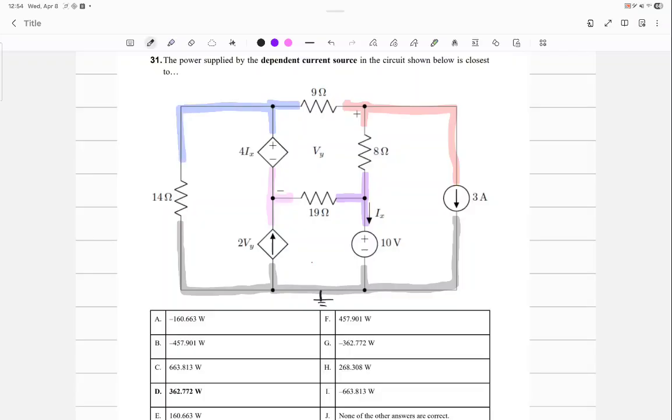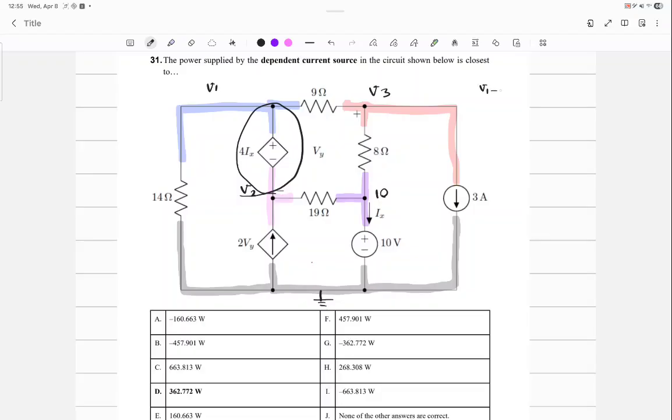So I'm assuming this is 0, this is 10, and let's call this one V1, V2, and V3, right? So where should I write KCL at? Can I write at V1? No. Why not? Because it's a supernode, right? So you should write at V1 and V2, supernode.